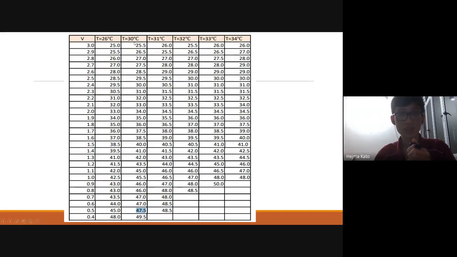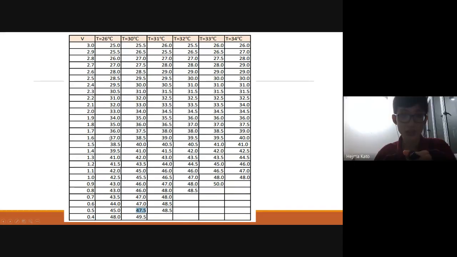These are the pressures at different temperatures, and here is the volume in cubic centimeters, or milliliters. We collected the volume from 3.0 to 0.4, where we can see the pressure reaching 50 kilopascals here.